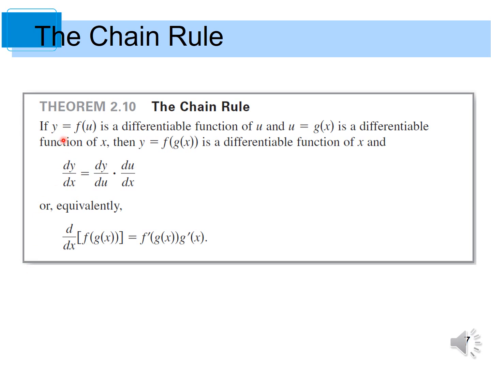If y equal to f(u) is a differentiable function of u, and u equal to g(x) is a differentiable function of x, then y equal to f(g(x)) is a differentiable function of x, and dy/dx equal to dy/du times du/dx.